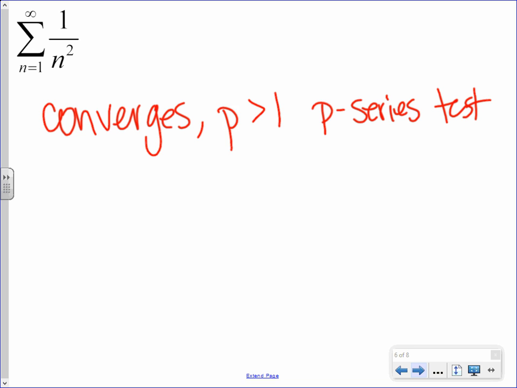Now, it's not always going to be straightforward. There are going to be times where you have to rewrite, kind of like you did way back when we were taking derivatives and antiderivatives in Calculus AB last year.